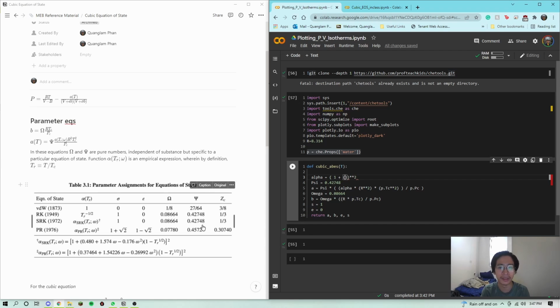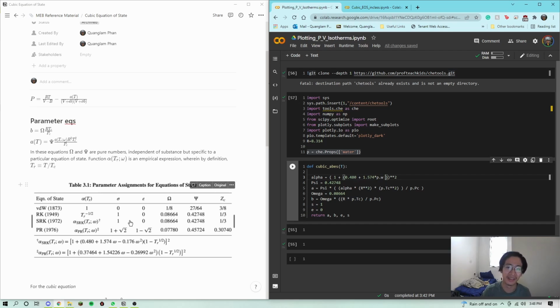Then it's 1 plus 0.480 plus 1.574 times the eccentric factor. What's the eccentric factor? Well, I personally don't know yet. But I know it's a factor that, oh, that's right, I do know.